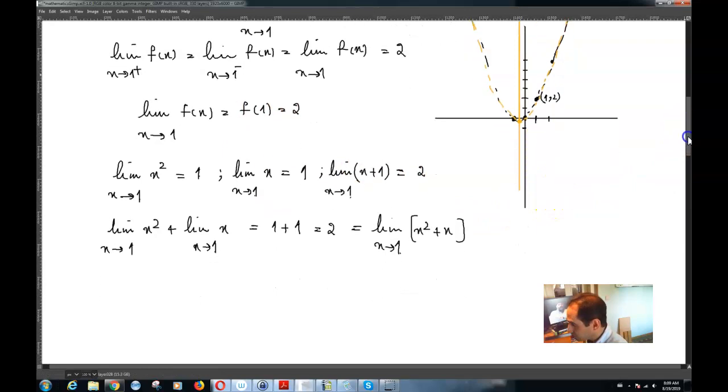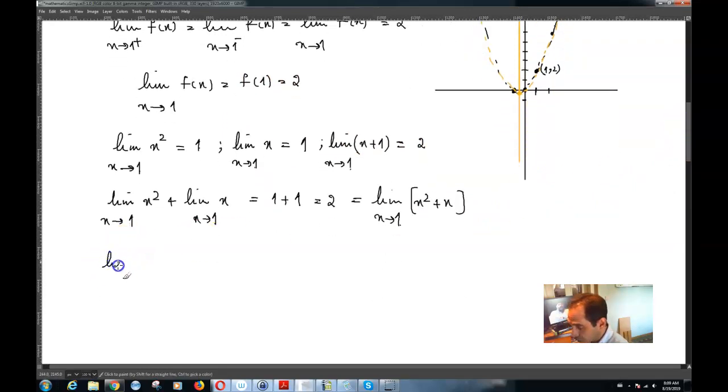And also the limit of x as x tends to 1 times the limit of x plus 1 as x tends to 1. I made a mistake here, I'm sorry. The limit of x as x tends to 1 is equal to 1.